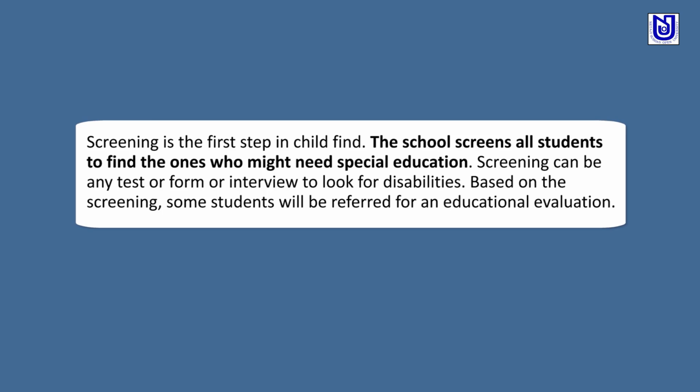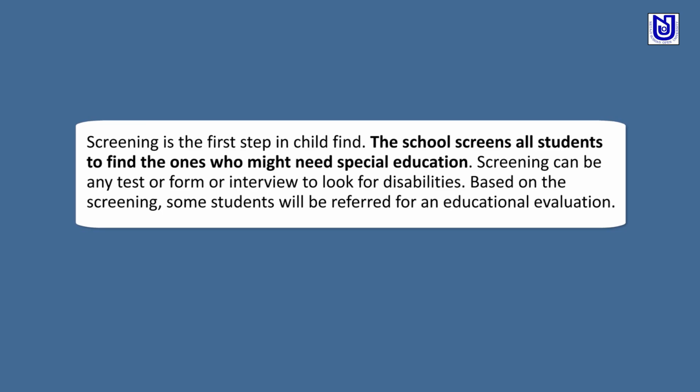The school screens all children to find the ones who might need special education intervention. Screening can be any test or form, or it may be through an interview, to look for the disability condition or the challenges present in a particular child.